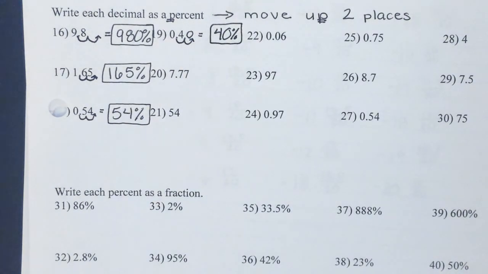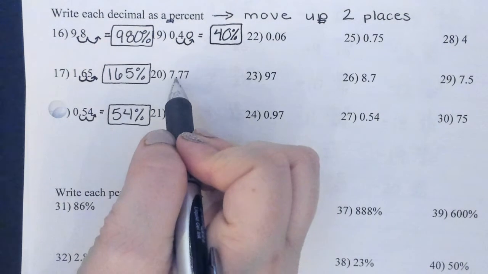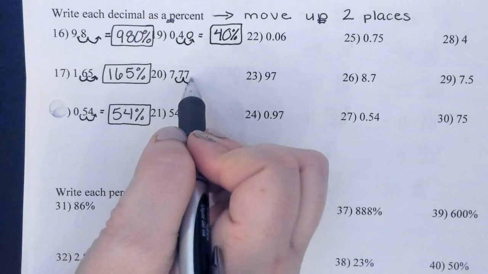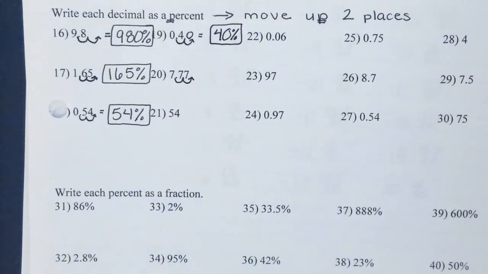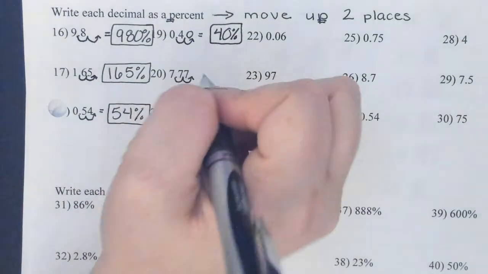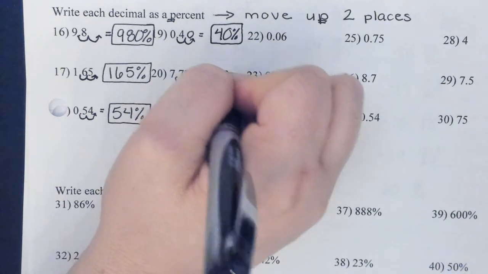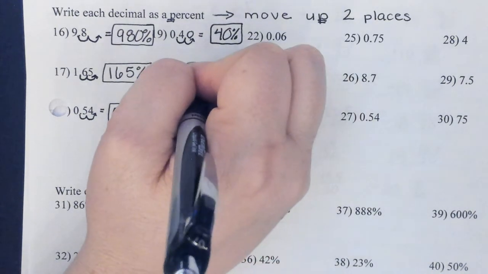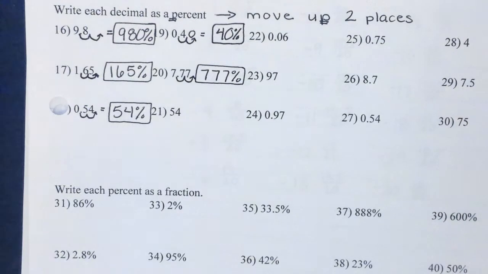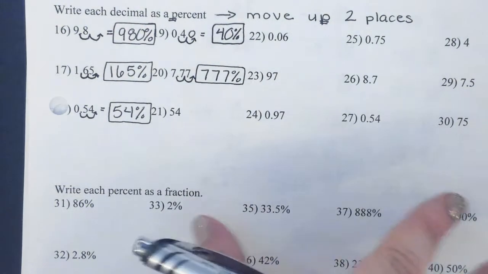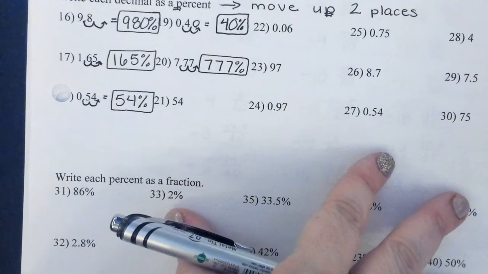Okay. All right, Jakaria, I'm going to get you to help me with number 20. So there's my decimal. I'm going to count over 1, 2. And what do I get for that one? 777%. Okay. All right, number 21.